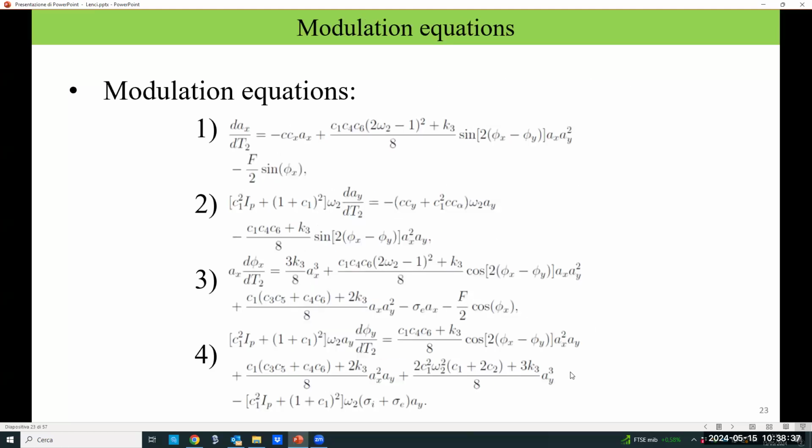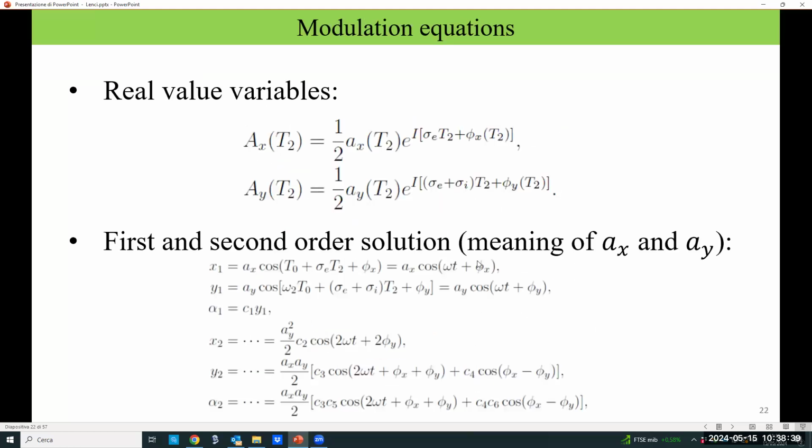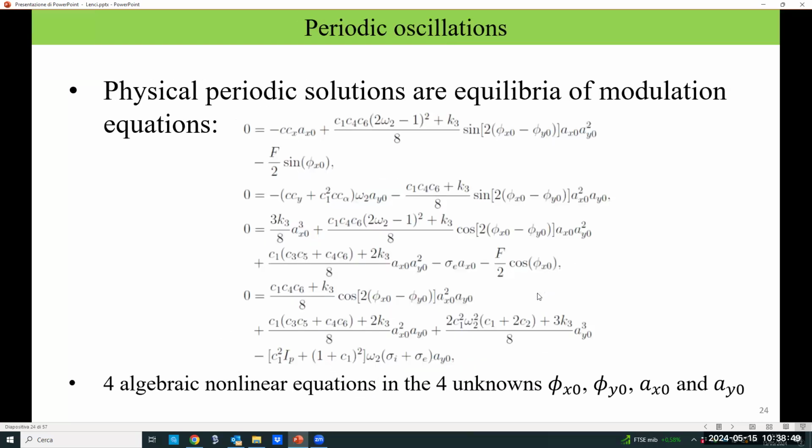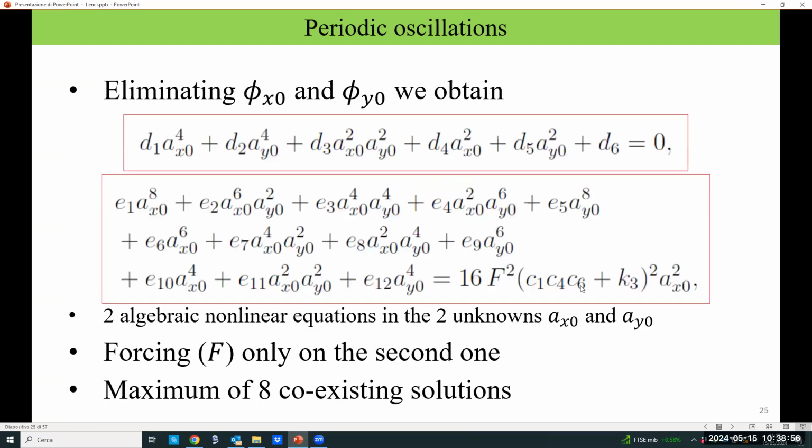The phases are the time difference between the excitation and the response, phi x along wind and phi y across wind. So basically, four algebraic nonlinear equations in four unknowns. And this can be easily solved.